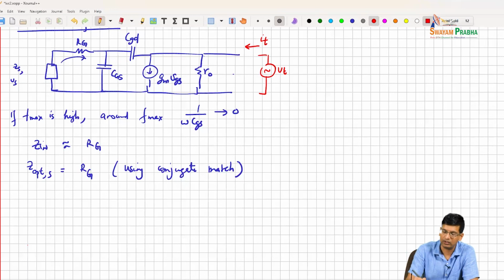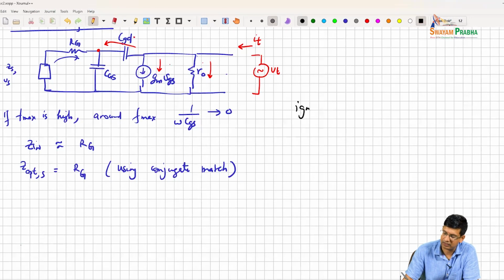I'm going to see a current that goes over here, a current that goes over here, and a current that goes over here. And remember, we can basically make an assumption that these two currents are dominant compared to this one. So we can ignore current through CGD.